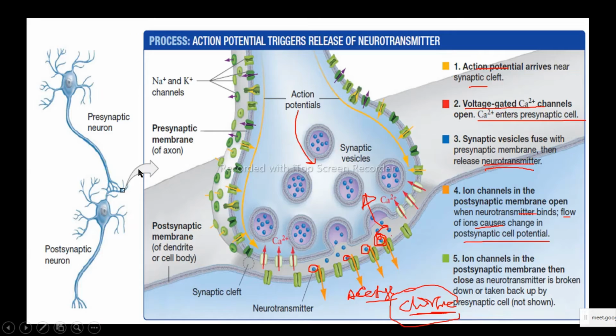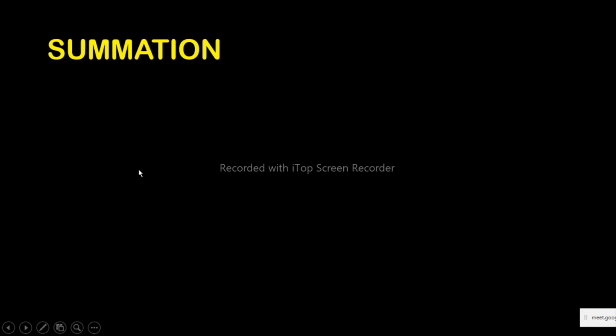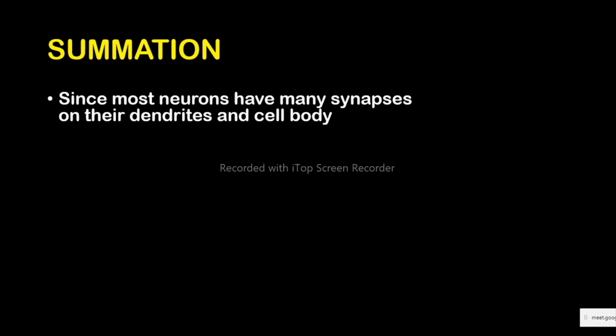The reason is summation, and that's what we are going to talk about today. Now, in summation, you add up different graded potentials so that you come up with a strong action potential that is way above the threshold, which can now be evoked as an impulse.